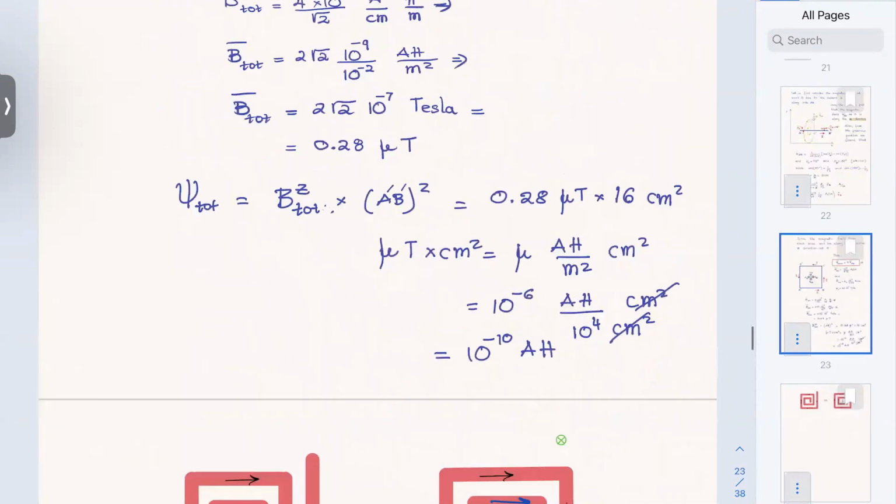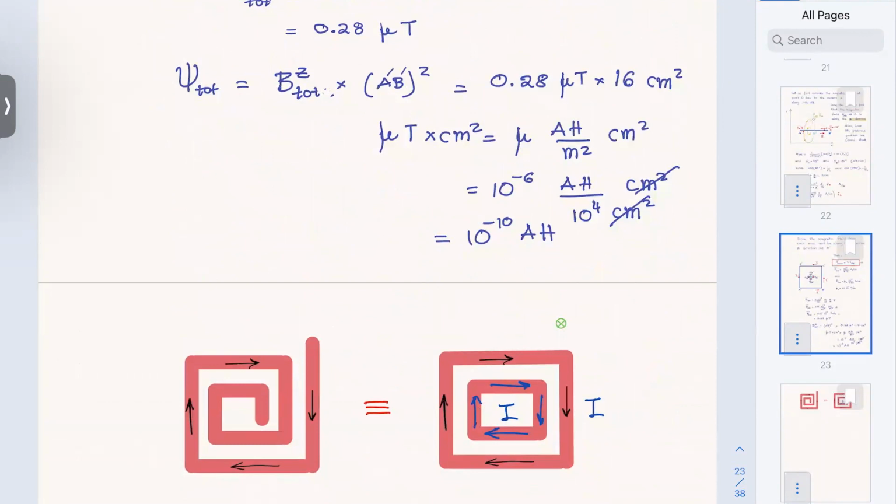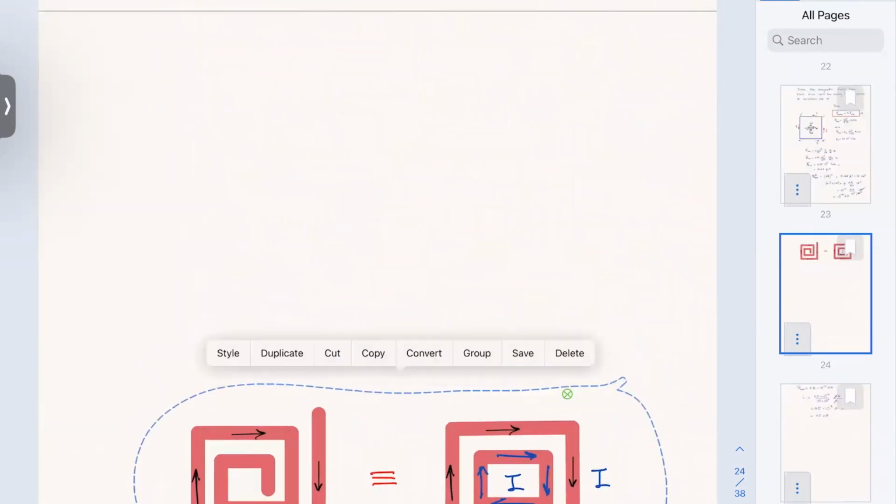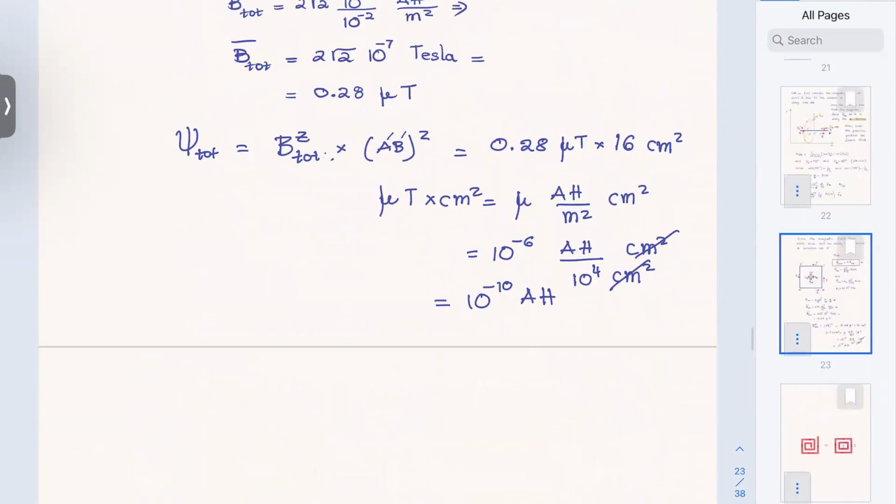The next would have been to find the inductance of the square loop, which is in fact nothing else but the total flux. And we can show the total flux with psi or with phi.